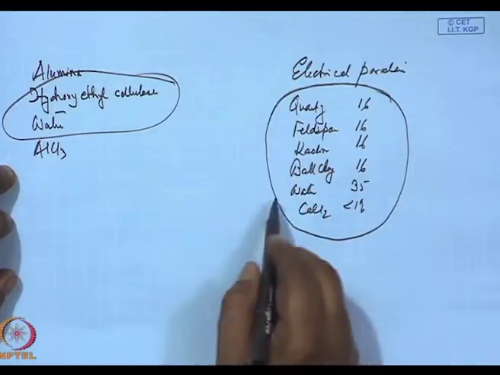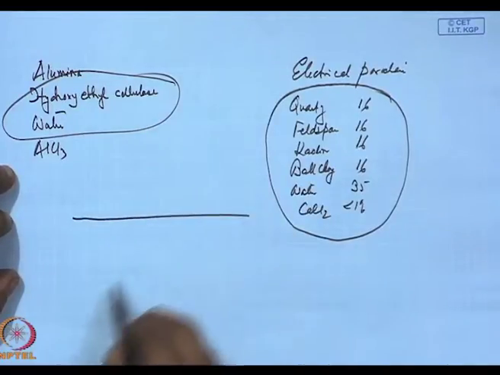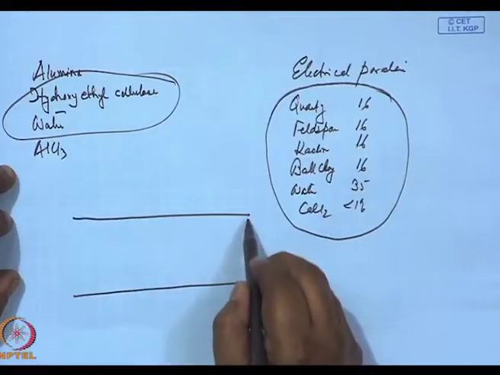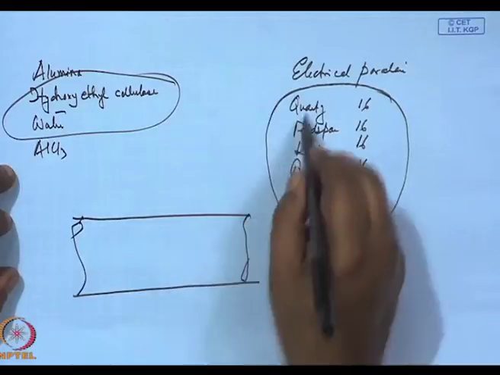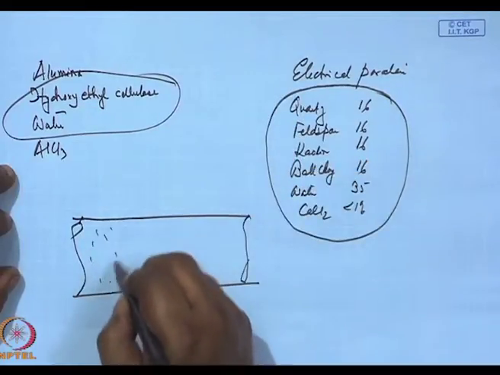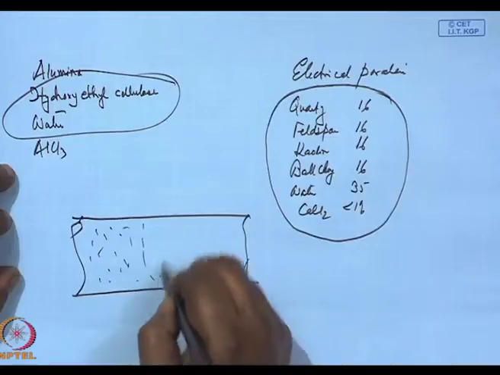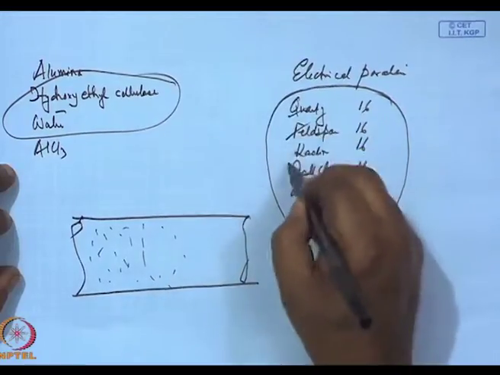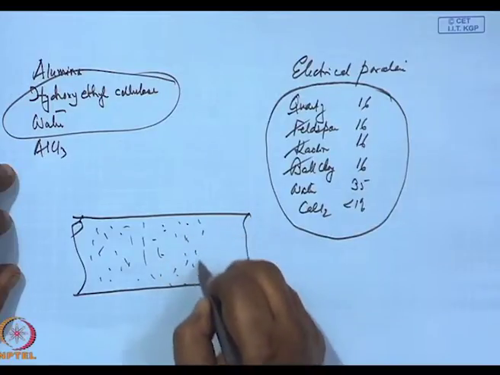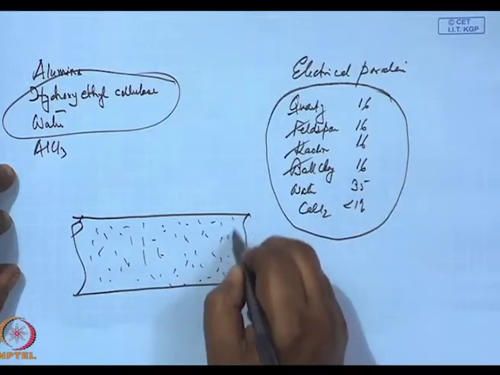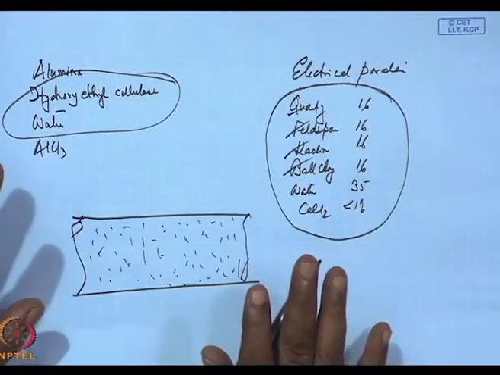So, when this is extruded in the form of a rod, all these raw materials will be dispersed, the quartz, the feldspar, the kaolin, the ball clay, all of them will be dispersed. This by itself is not the electrical porcelain.